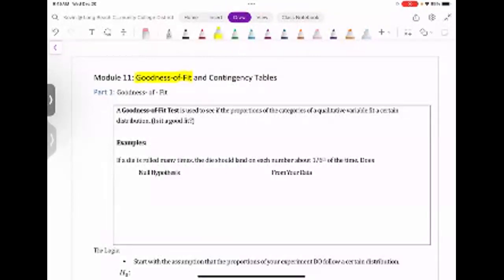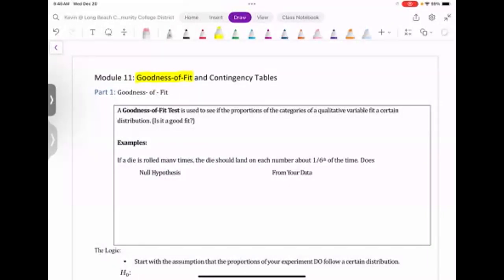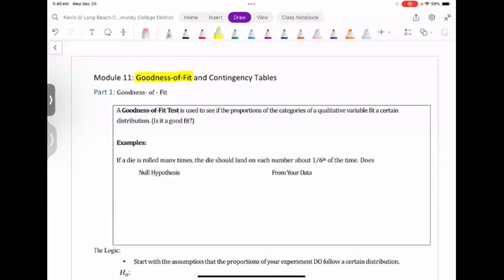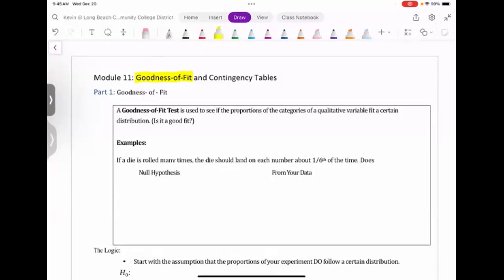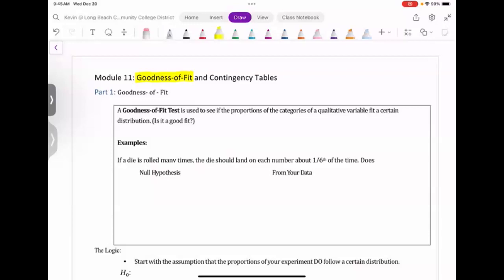Basically, what we're saying is, if we have a scenario where we can observe data, then we can say what theoretically should be true. So, for example, flipping a coin, theoretically it should be 50% heads, but the observed may not match that. And so what we want to say is, is our observed data close to our expected data? So let's get started.